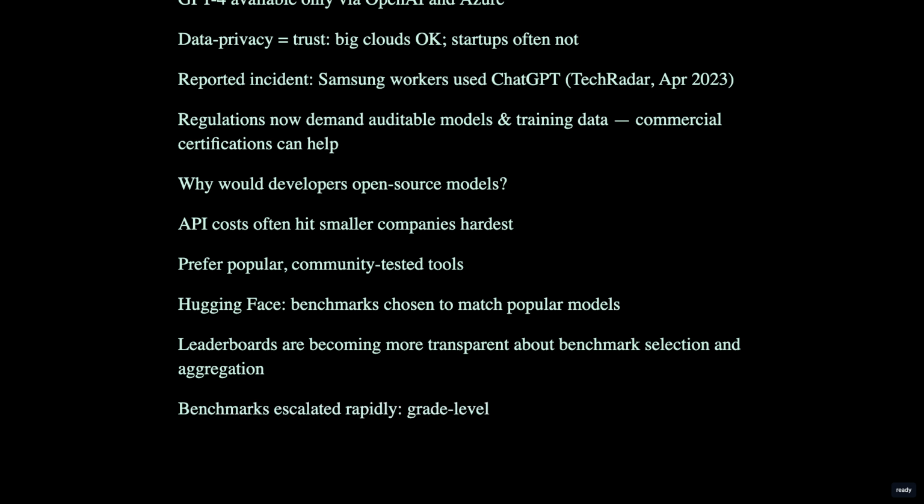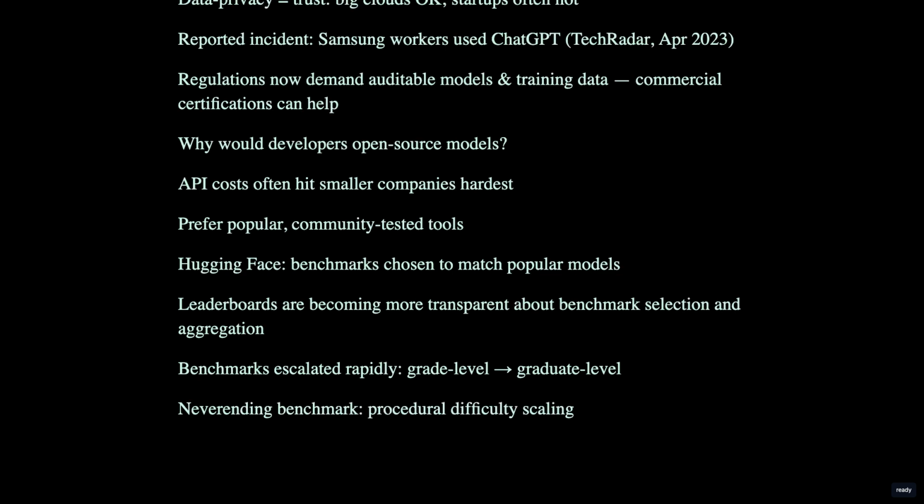It's striking that within just a few years, the benchmark items moved from typical grade-level questions to ones more like graduate-level problems. That rapid escalation raises the bar for assessments and can feel intimidating for both teachers and students as test design and expectations shift. Think of a benchmark that never stops.